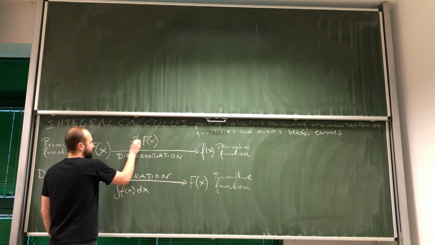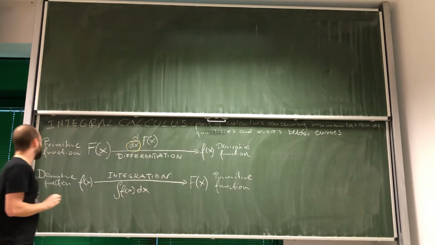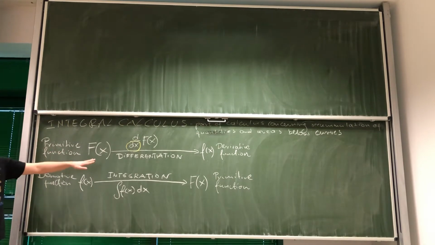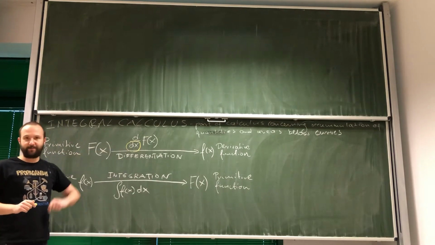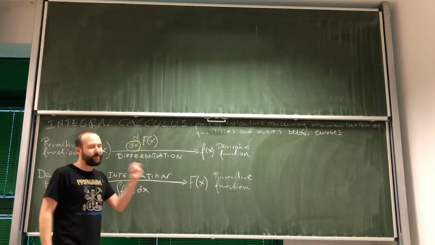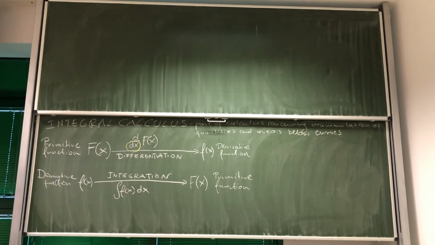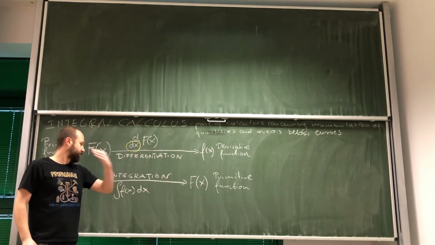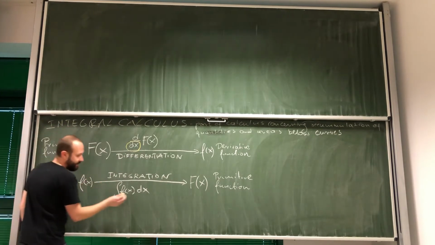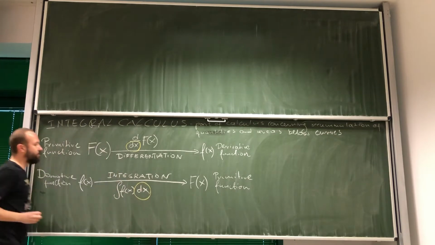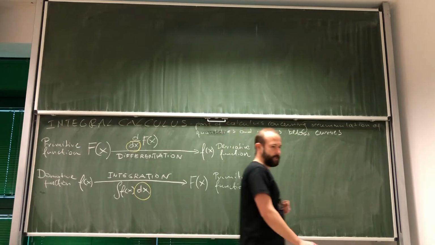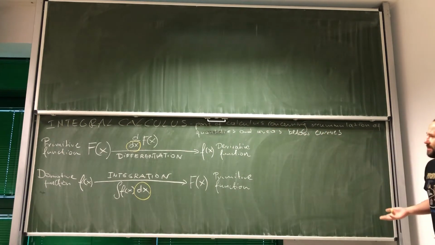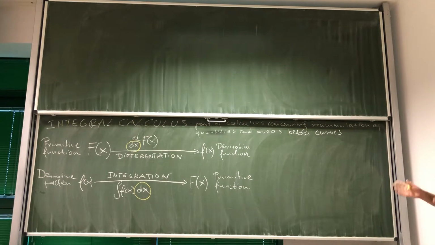Here, in the process of differentiation, we were dividing by dx. Here, when we are reversing this process, getting from the derivative function to the primitive function, we also use dx, but now we are multiplying by this dx. And as everything in mathematics, this is not a coincidence.